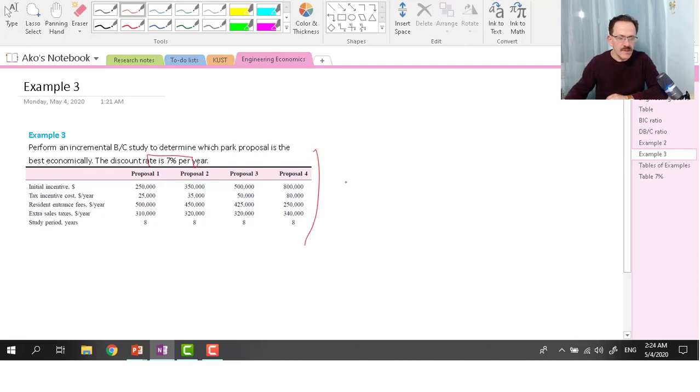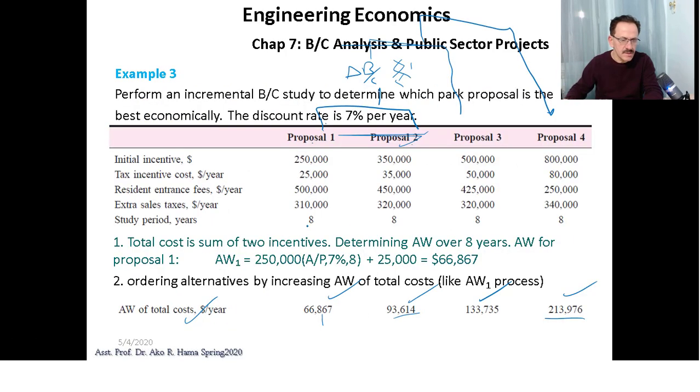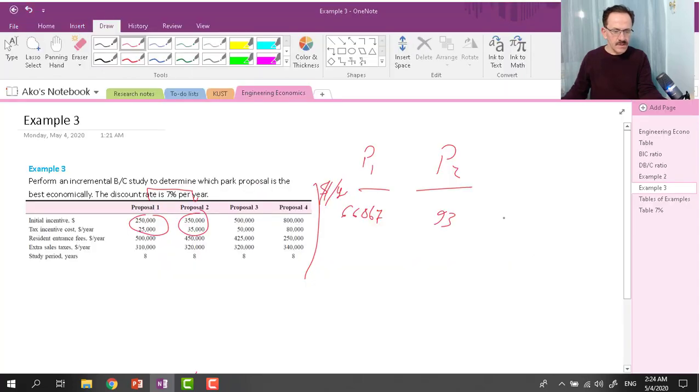So I will say proposal 1, proposal 2. We don't need to calculate these ones because they have been calculated, and the calculation was 66,860 and 93,640.